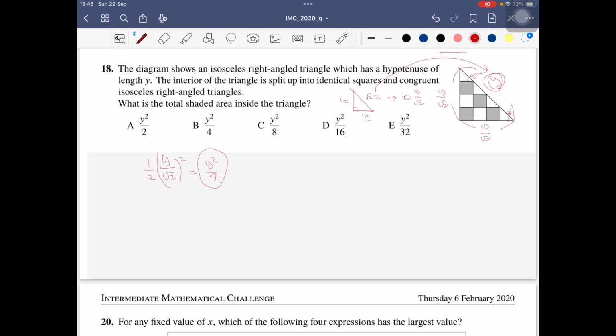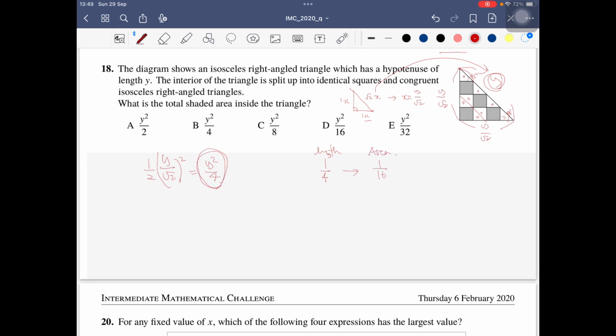And now we need to, so now we have the smaller 1, 2, 3, 4, 5, 6, 7, 8. So 8 smaller triangles. But each of these is 1/4 of the original triangle in terms of the length. So 1/4 length means the area is 1 over 16.